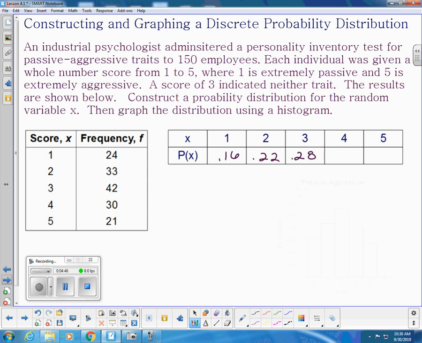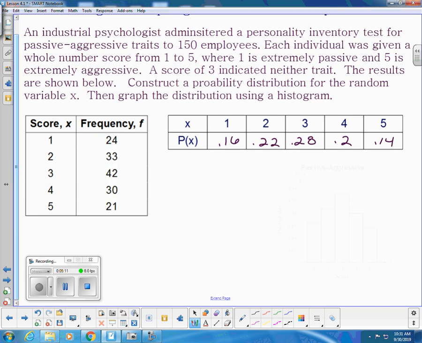So this is the probability distribution that we're creating here, and I included every single result and their probabilities. If I added the probabilities, which you should always do to make sure you put them all in there, you get a 1. So this is a complete probability distribution. So our histogram, what's our vertical axis going to be?